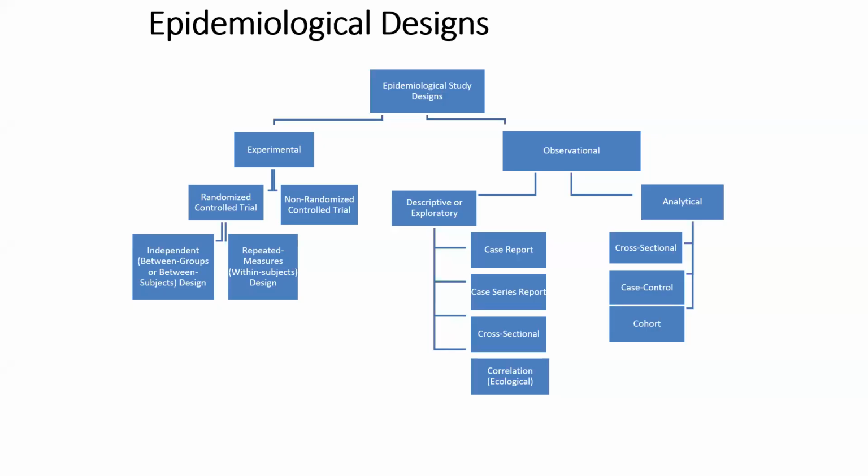It can be presented as a proportion, and when it's presented as a proportion, it's either presented as risk or odds. Risk is the number of new cases of the disease over the total population, the assumption being that the total population are the people at risk, multiplied by 100. Odds is the total number of people who have the disease over the total number of people who do not have the disease.